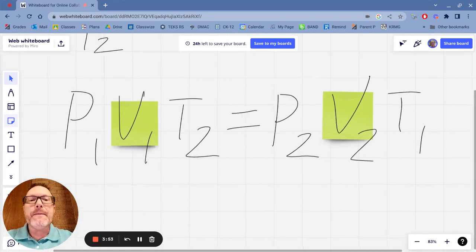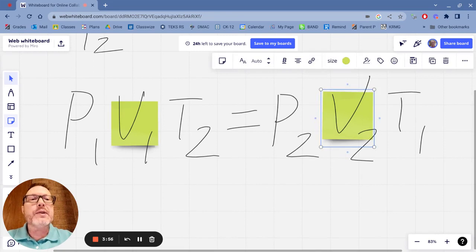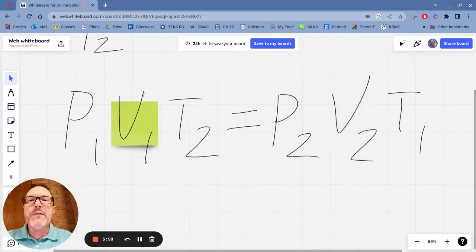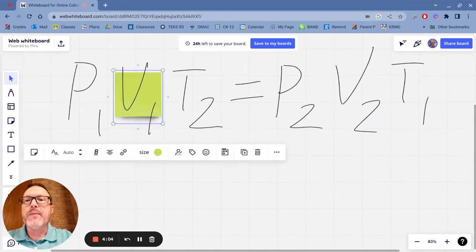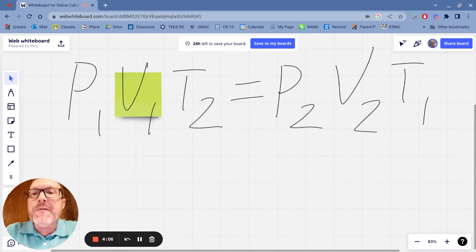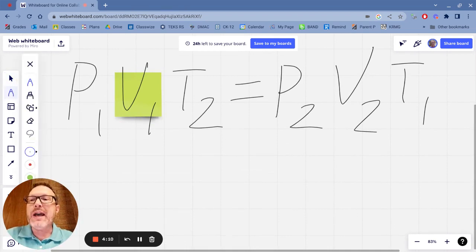Let's say that you've got a problem where you're trying to solve for V1, okay? So if I want to get V1 by itself, I'm going to cancel by dividing, just like I've been canceling by dividing. You see here, V1 is being multiplied by P1 and T2.